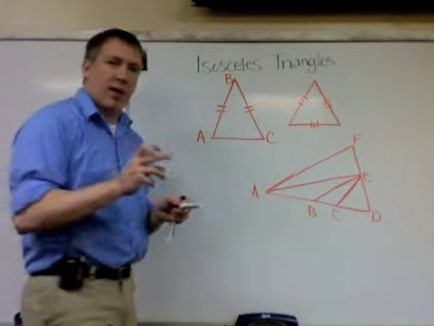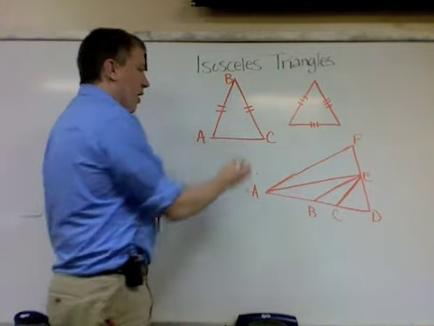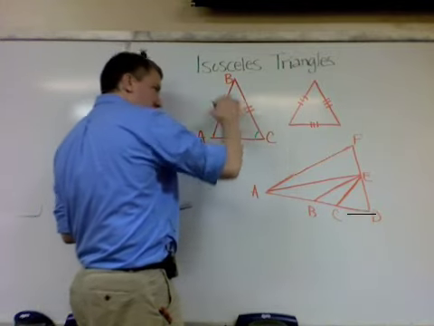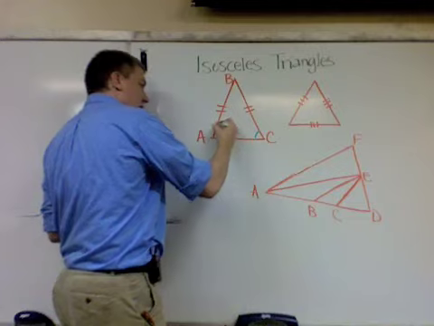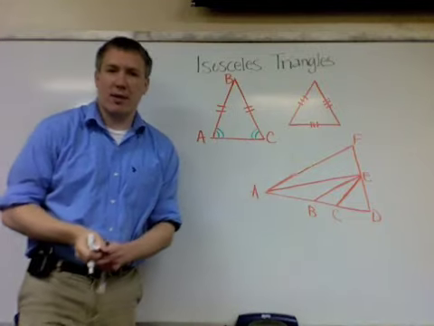Okay, so let me refresh that with a little clearer picture. If it's isosceles, then the angles at the base underneath the two sides that are congruent are also congruent. That's always true for an isosceles triangle.